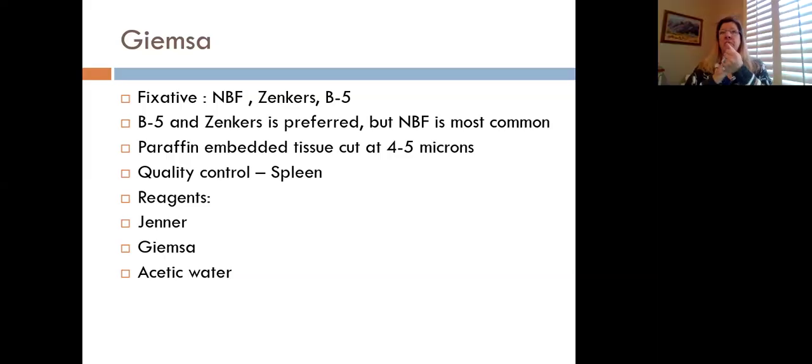So, what is a control? A control is a known tissue type. Okay. And it can be a case type. It can be a patient that we've previously diagnosed with tuberculosis that we know has TB in it. It can be a kidney that we know has basement membranes in it.